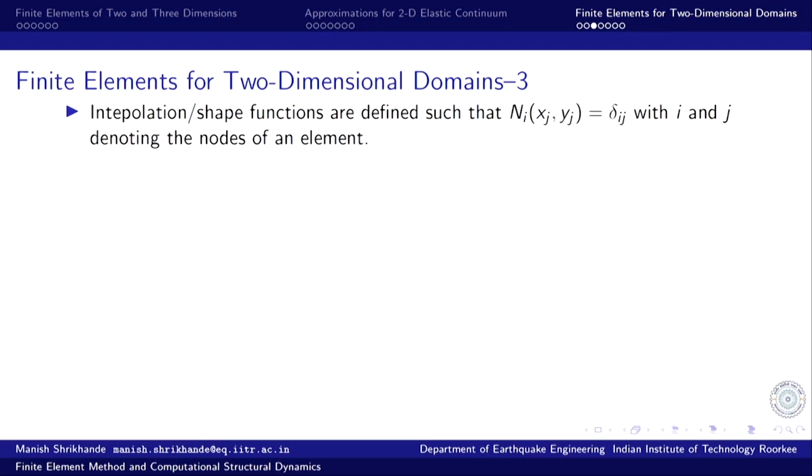So, if N I is evaluated at x j y j, where j is another node, that should vanish. That is given by this interpolation condition. Interpolation functions are also called shape functions. In some books they are referred to as shape functions because they define the shape of the approximation, the variation of the primary variable within the element domain.